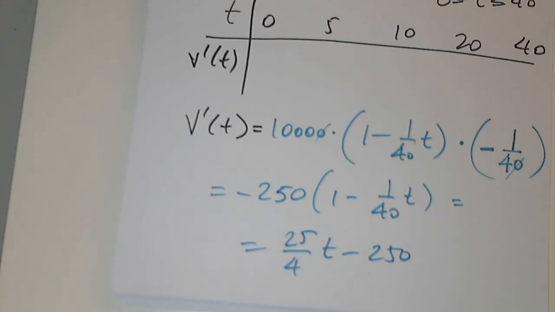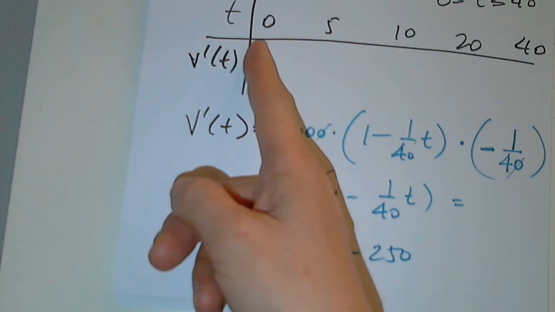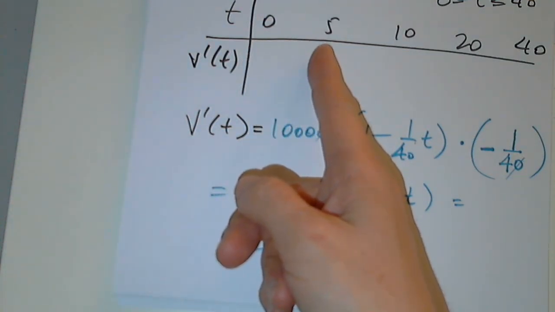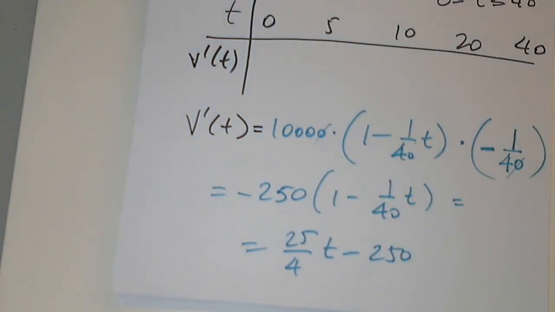Next step, I have a simplified form of V prime. I'm going to put it in the calculator and then plug in what? 5, 10, 20. Good. Ready? So 25 over 4 t minus 250 in the calculator in y equals.